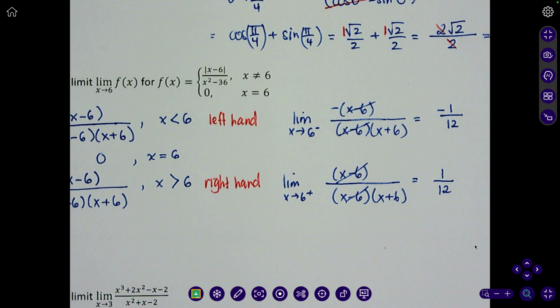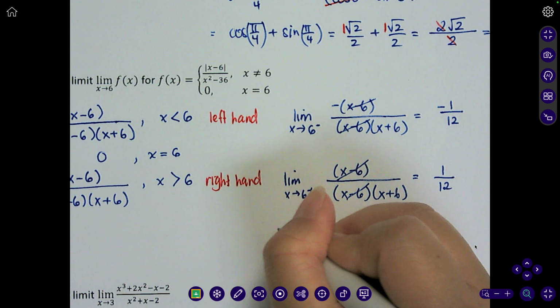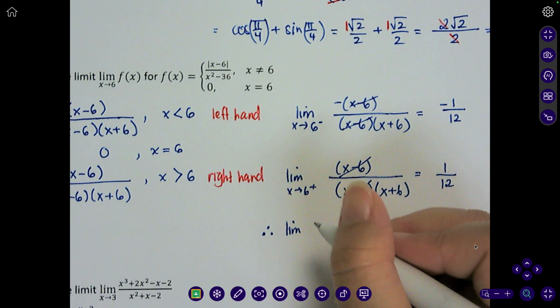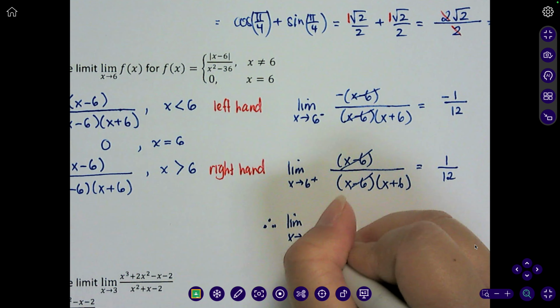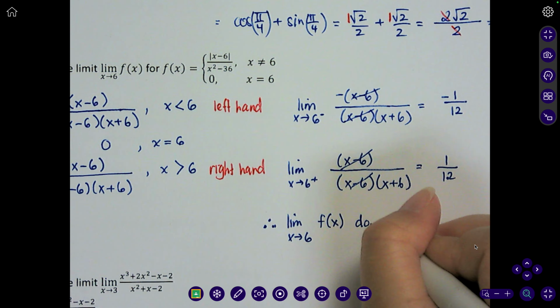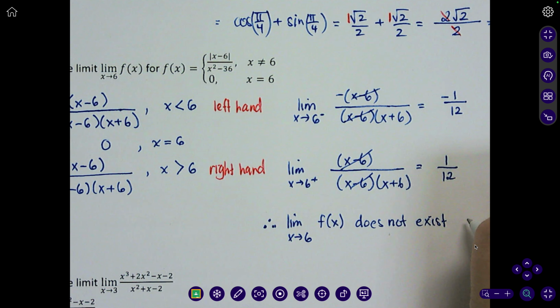Do you guys see that? They don't agree. So I can make my conclusion that, therefore, the limit as x approaches 6 from both sides of your function f of x does not exist. Or we can write that as DNE.